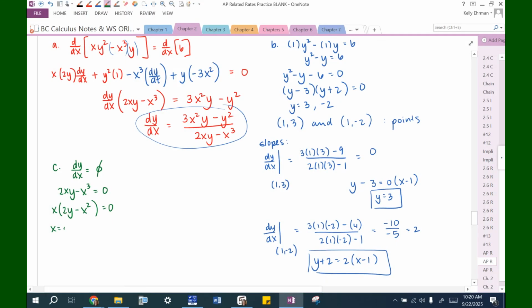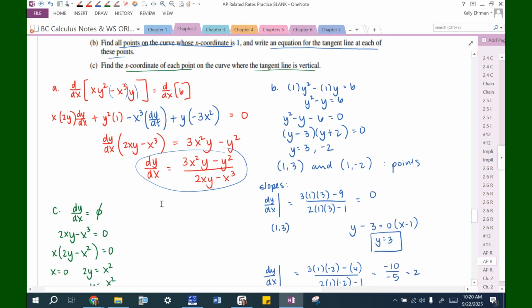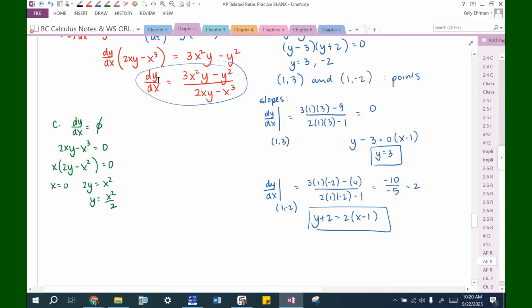You get x equals 0, and you get 2y would equal x squared. So y would equal x squared over 2. I wouldn't solve that for x because then I'd have a plus or minus happening. So what are we trying to do? Find the x coordinate. So x equals 0 is one of my answers.